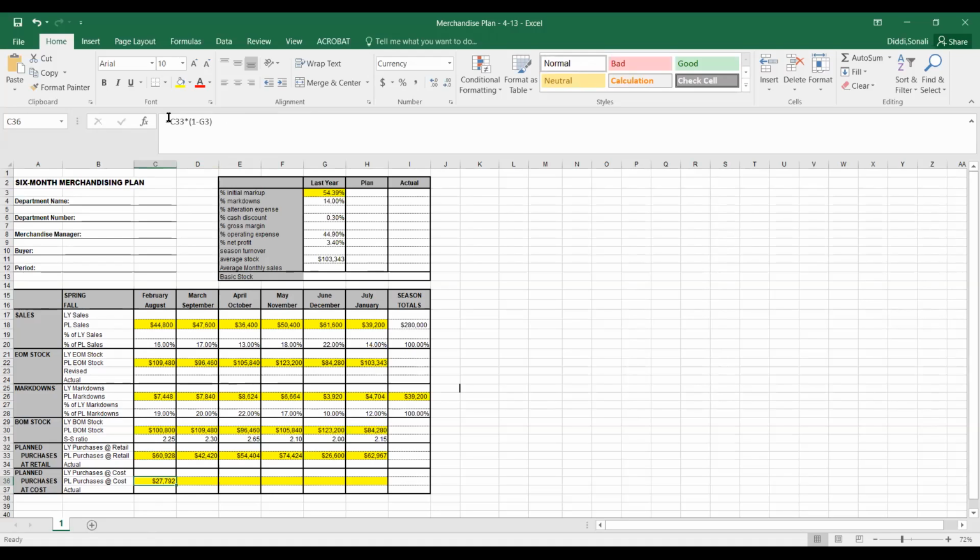So if you see here, it is planned purchases at retail times 1 minus the percentage. You can also type in 100% minus the initial markup percent. Make sure you're not typing in 54.39, but you are taking it to that cell. So if anything changes, everything will change automatically.